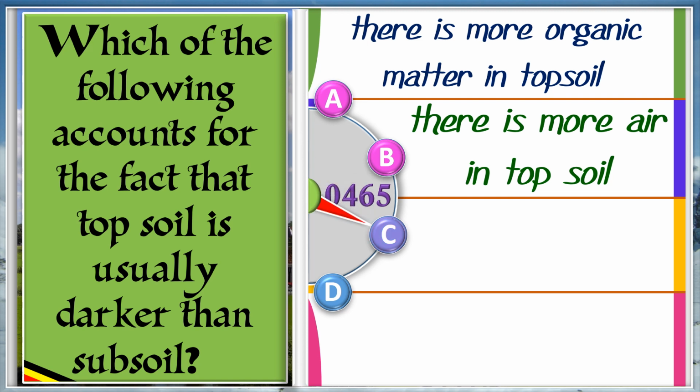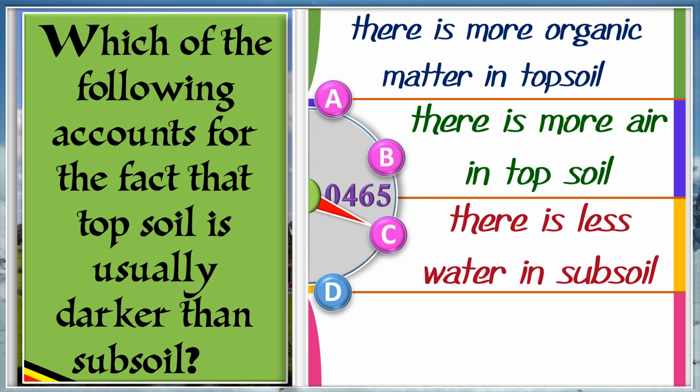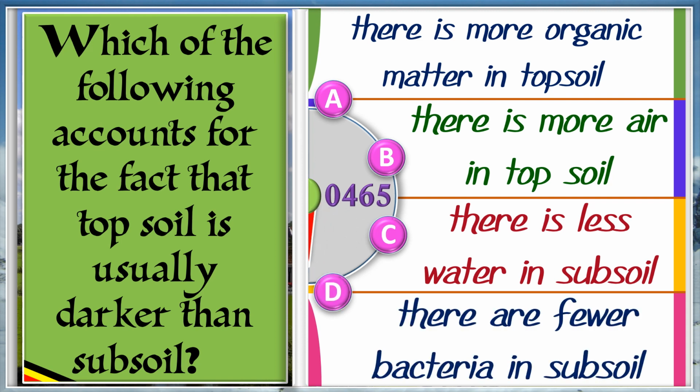C. There is less water in the subsoil. D. There are fewer bacteria in the subsoil. And the answer is A. There is more organic matter in topsoil.